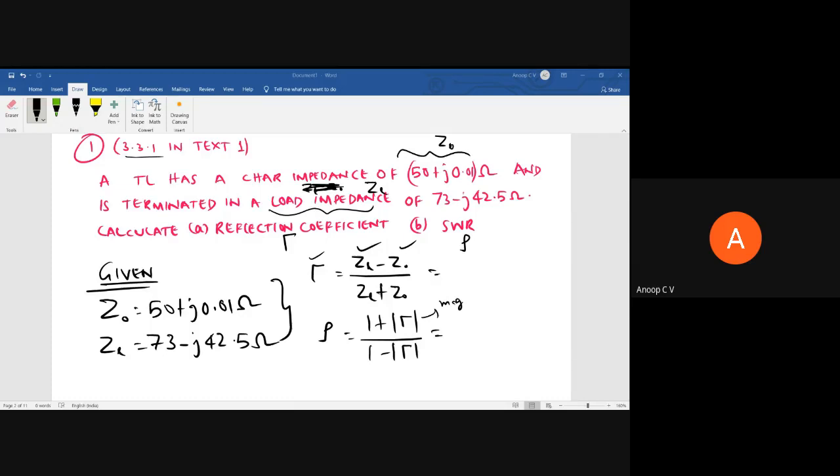I'll ask anyone to show. So 3 more minutes, please do solve this. I've given you the formula. You just calculate it and give me the answer. Please don't type your answers in the chat window. I'll ask people to show your notes and explain.